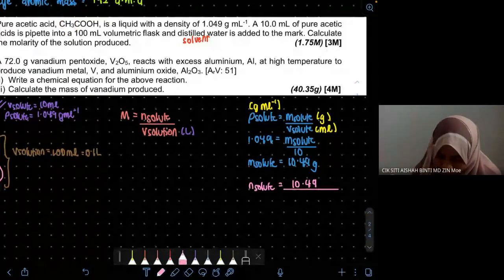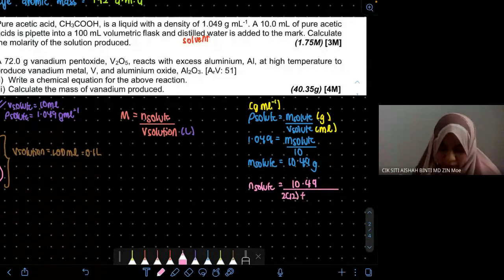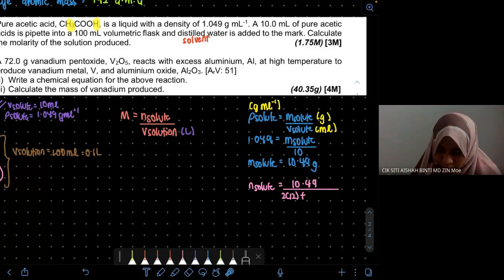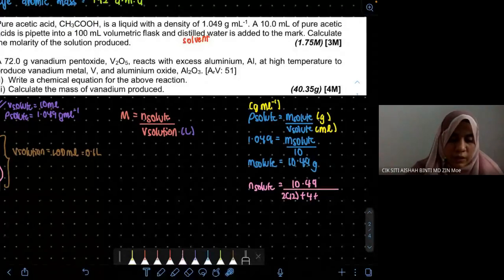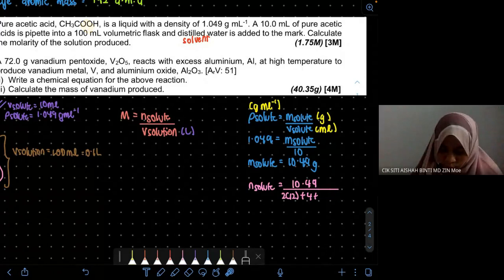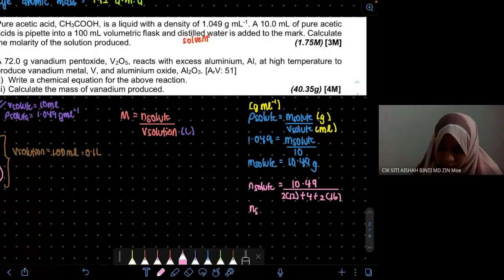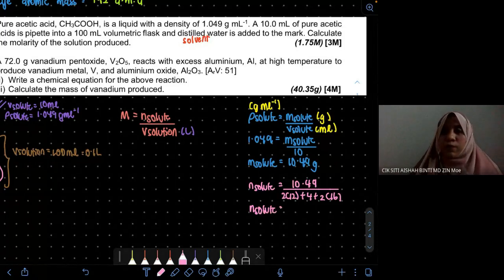So 2 times 12 plus dengan hydrogen kita, here we have 3 plus 1, so we get 4. And then last but not least is our oxygen, we do get 2 kan. So 2 times 16. So we get number of mole of solute equal to berapa.